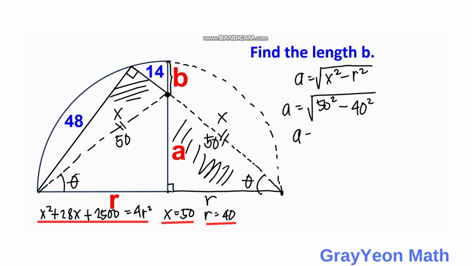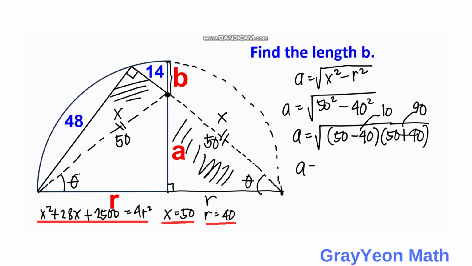This is actually a difference of two squares. So this becomes 50 minus 40 times 50 plus 40. So this becomes 10 and this becomes 90. And a is equal to the square root of 900. So a is equal to 30.